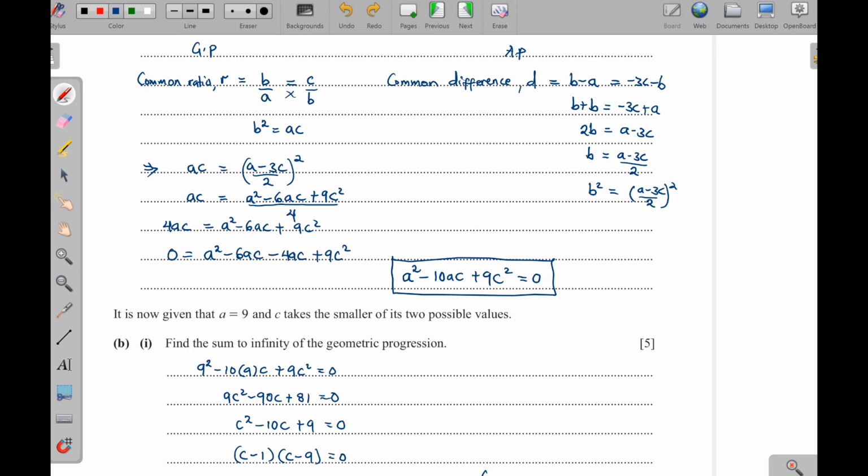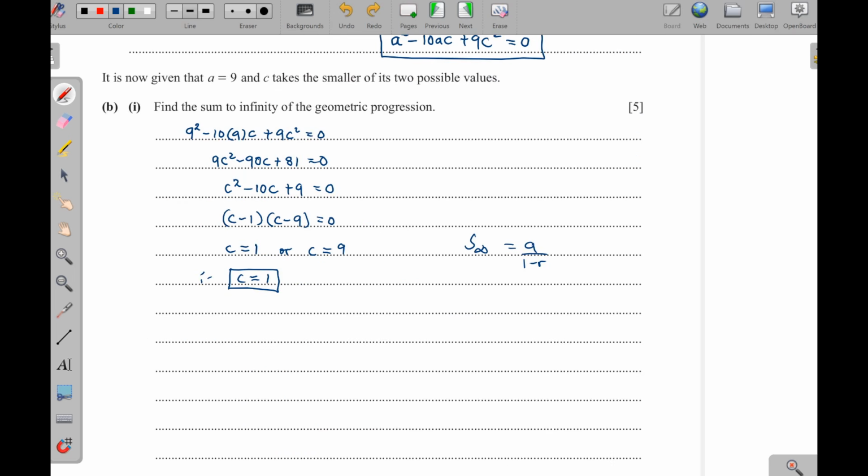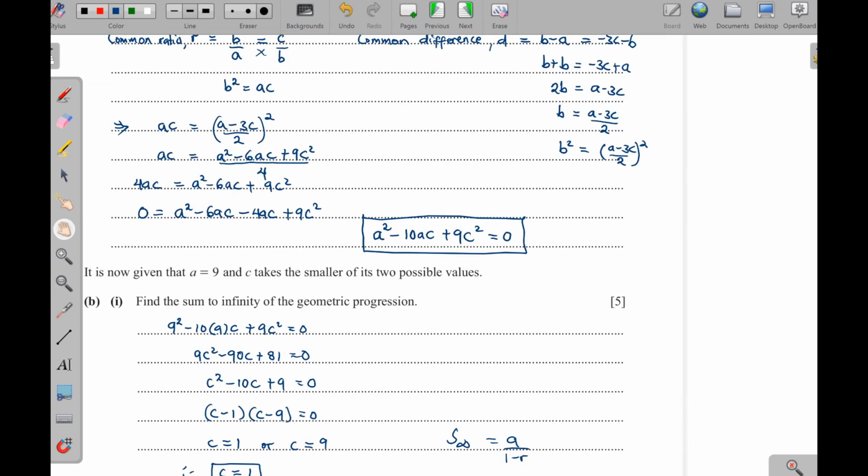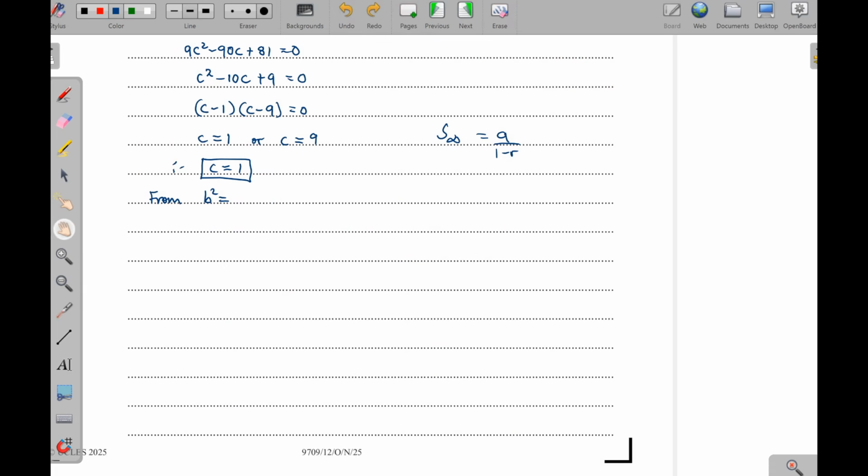Then we need to find the value of b. Since I have the value of a, I need to get the value of b. Now we shall have b squared, and up here we saw that b squared is equal to ac. So we have here ac.